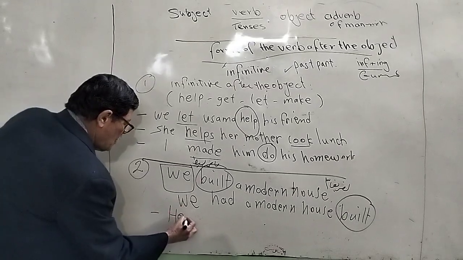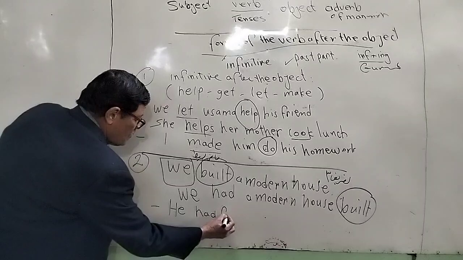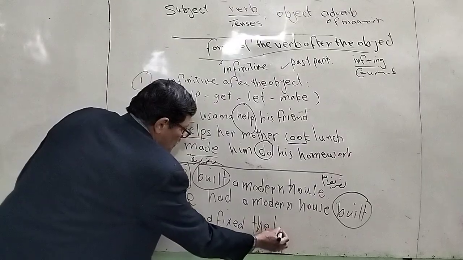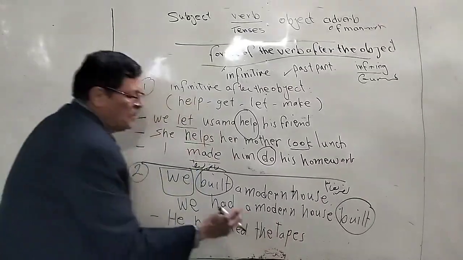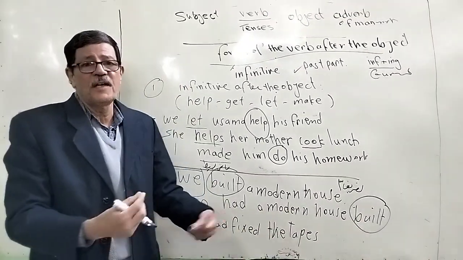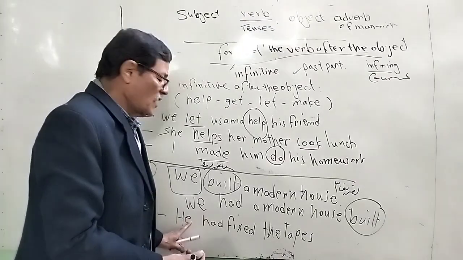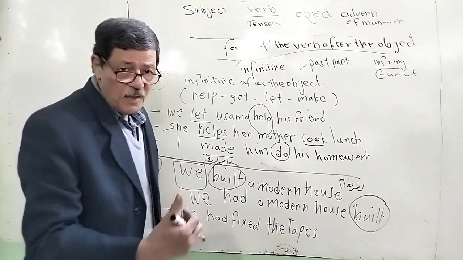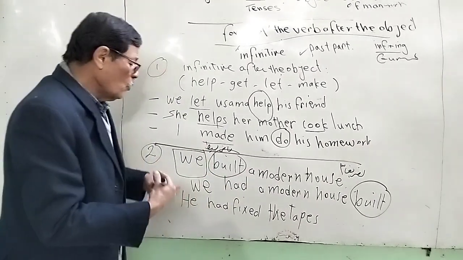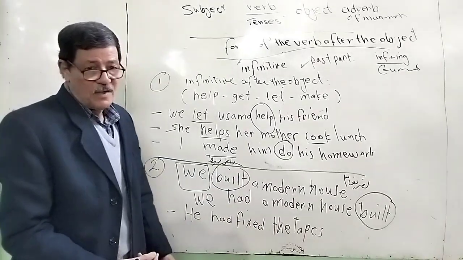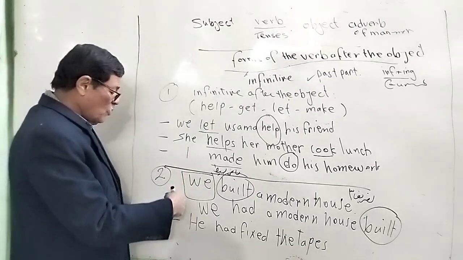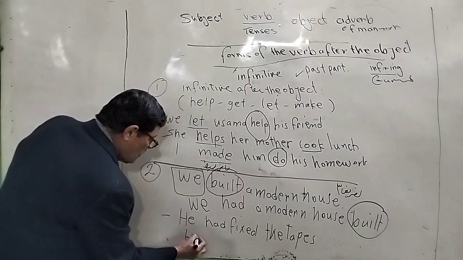Another sentence. He had fixed the taps. He had the taps fixed. Not by himself, but the plumber who had fixed the taps. The doer here isn't he but the plumber. So in the passive voice we can say he had the taps fixed.